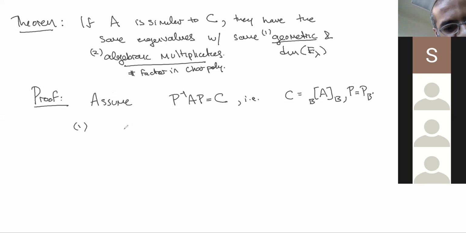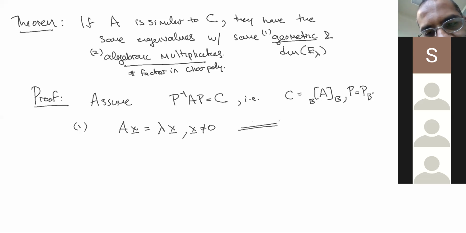So how do we prove the first fact? Well, when is something an eigenvector of A? Well, it's when AX equals lambda X, and X is not 0, right? That's when something is an eigenvector of A. Well, that's an equality of two vectors, right? So by the correspondence principle, this is true if and only if it's true after I change to the B basis.